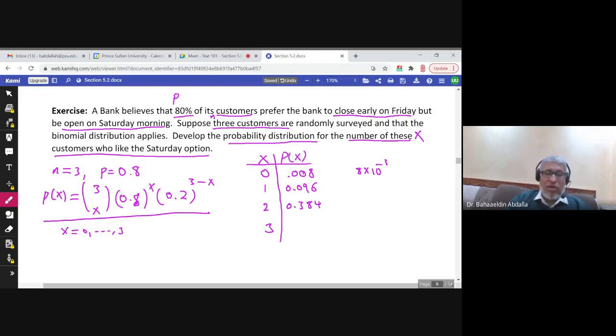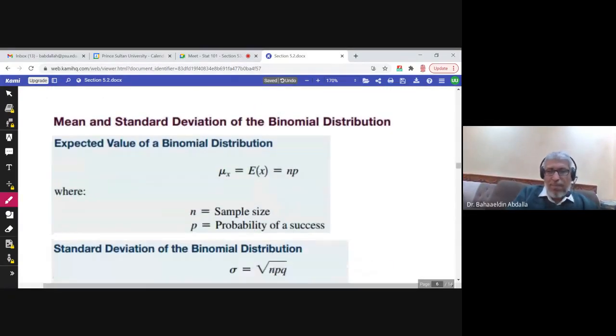Okay, so the answer would be 0.512. So this is the probability distribution of this experiment. And if you add all of these probabilities, the answer should be 1. So this is another way to ask about binomial probability distribution when he says develop or construct the probability distribution.